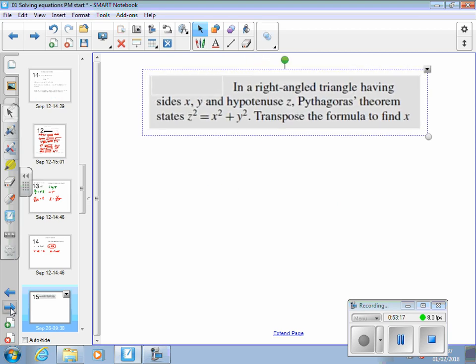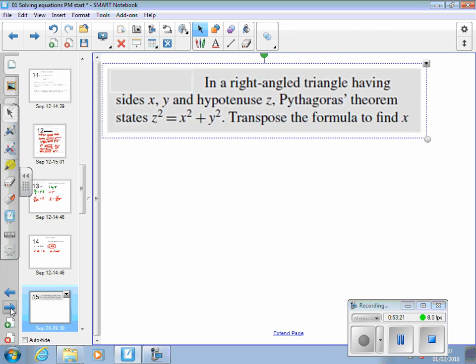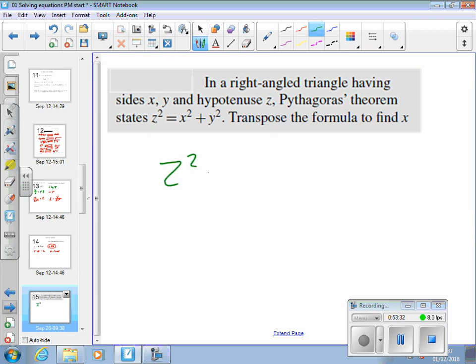What have we got here? In a right angle triangle having sides x and y and then a hypotenuse z, Pythagoras' theorem states that z squared is equal to x squared plus y squared.